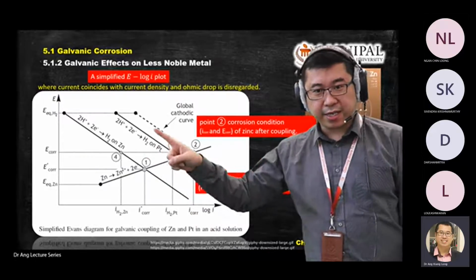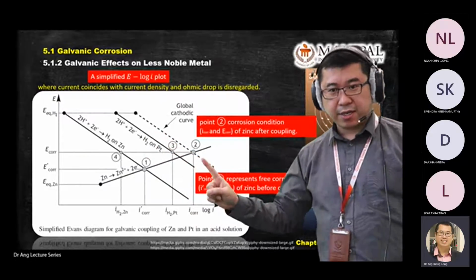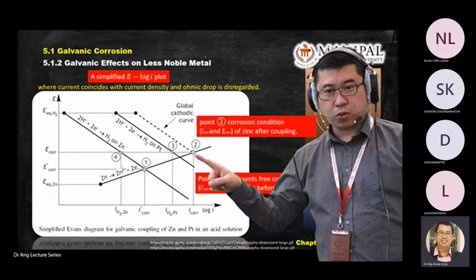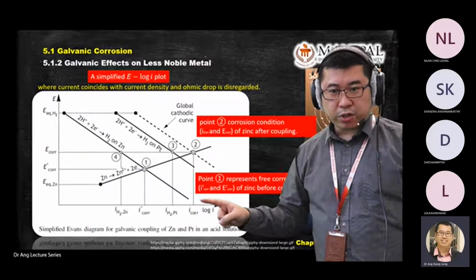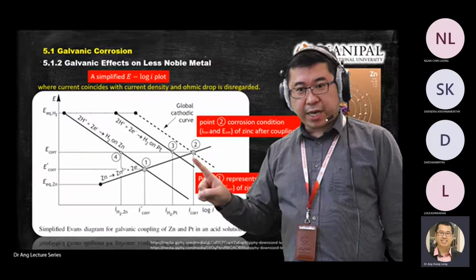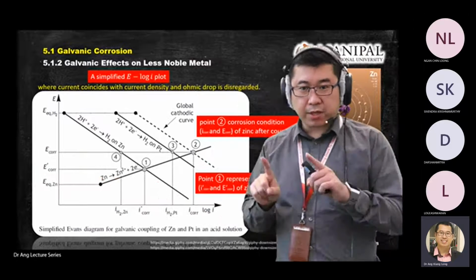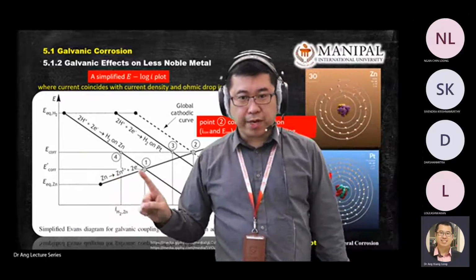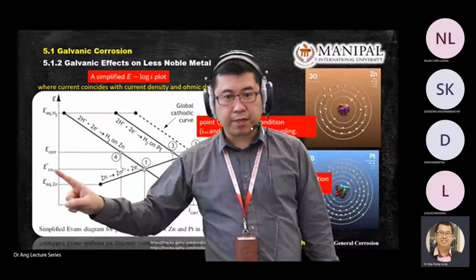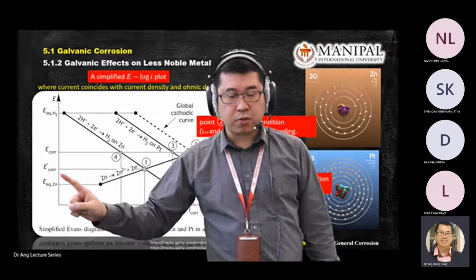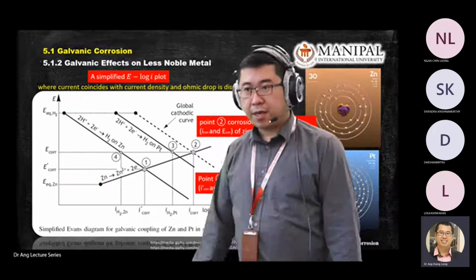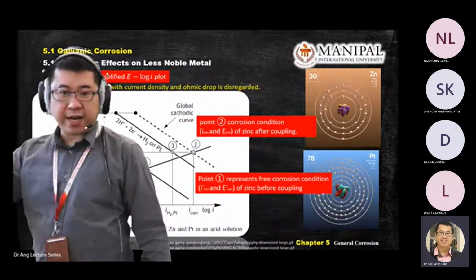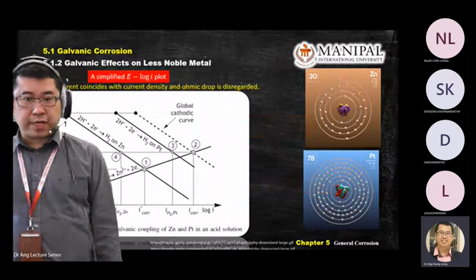You pick point number two, then extend down to get the corrosion rate when you couple, and the potential when the two metals are coupled. Same with point number one, which is before coupling: you get E prime corrosion to the left, before you join the two metals together.